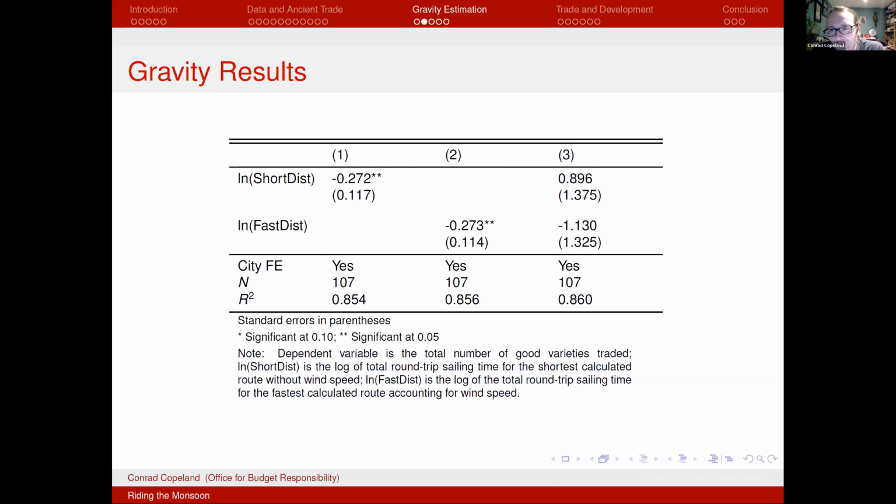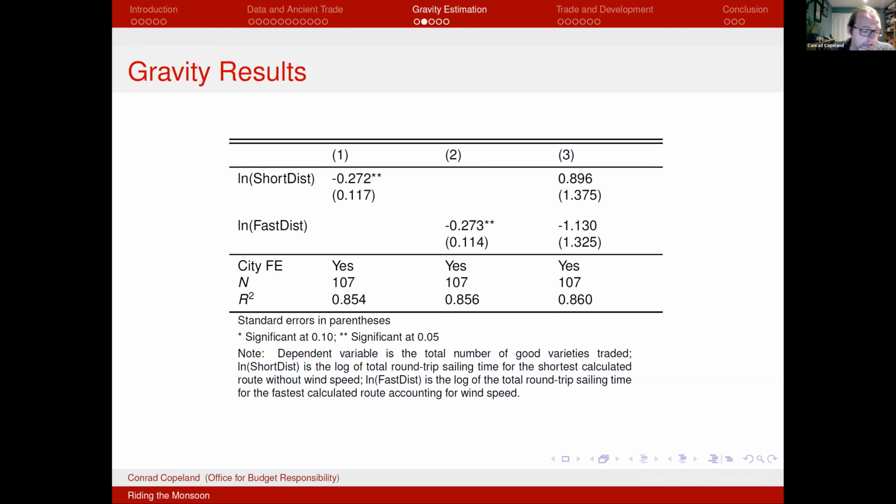Column 3 is a bit of a horse race inspired by Pascal, where I test whether wind actually matters or not, and from insignificant results, the wind augmented distance, the fast distance, is more consistent with gravity estimations, and so this wind effect does matter in that sense.